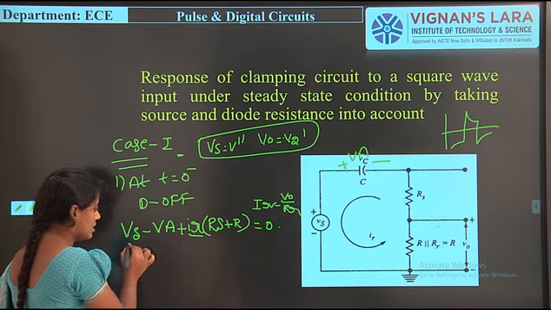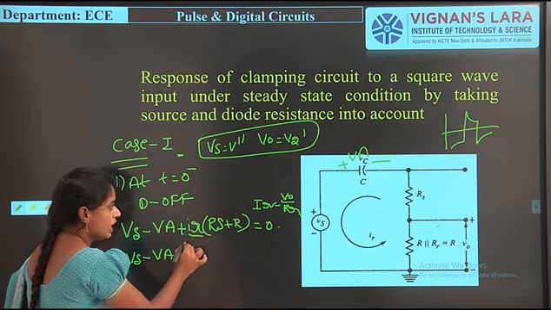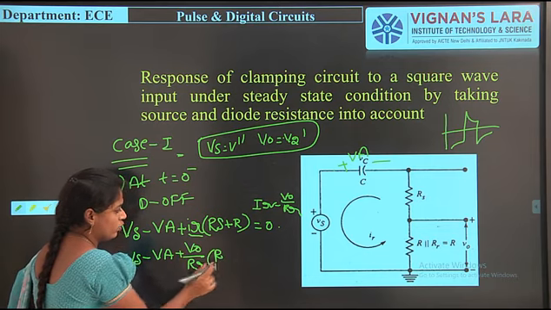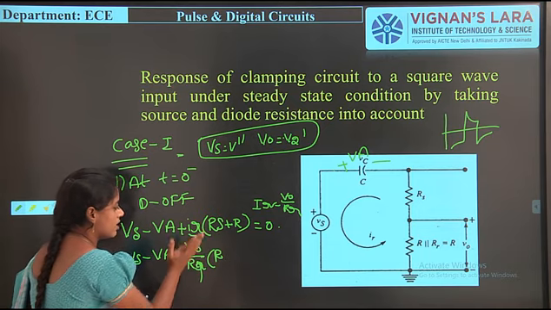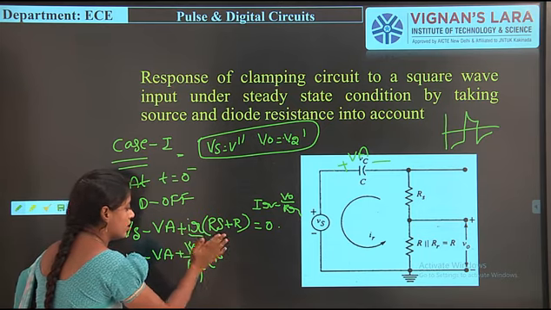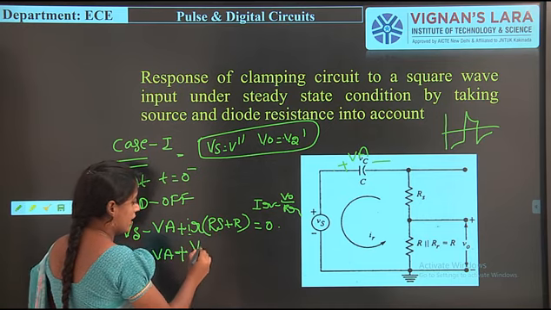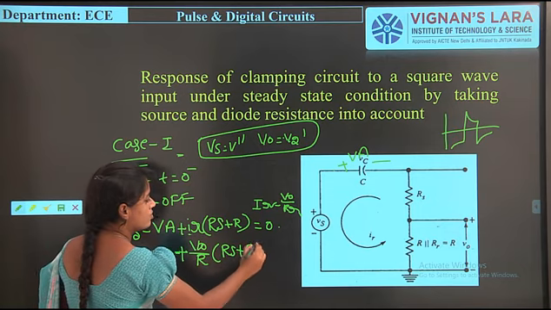So that is Vs minus Va plus V0 by RR into Rs plus R. RR can be represented with R, since generally the reverse resistance is very small, so we represent it with R only. So that is V0 by R into Rs plus R is equal to 0.